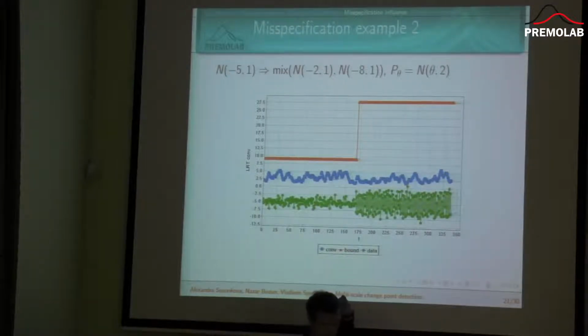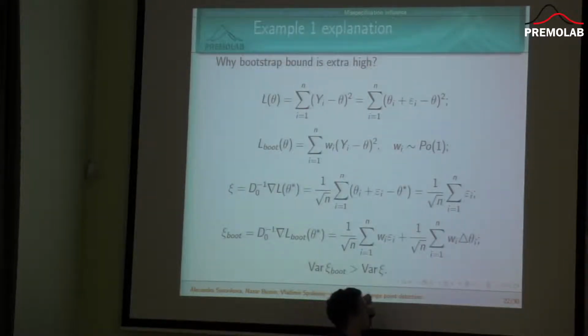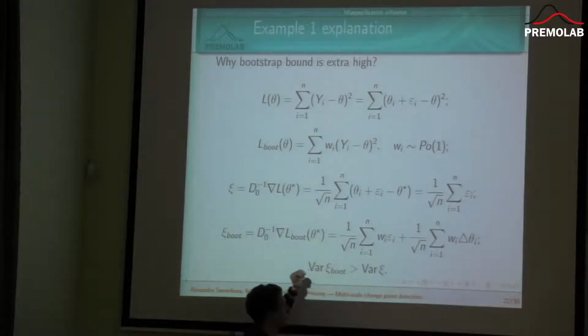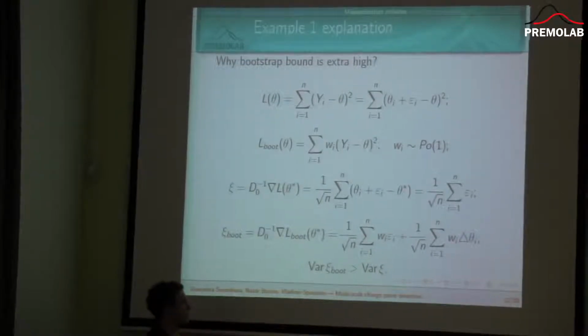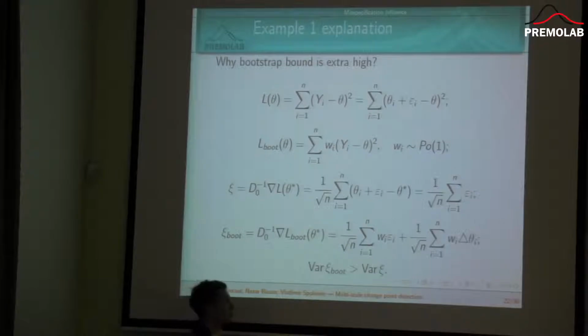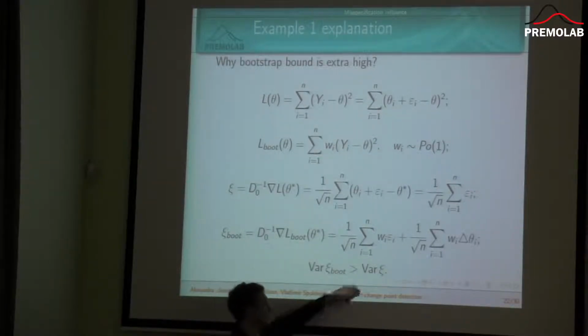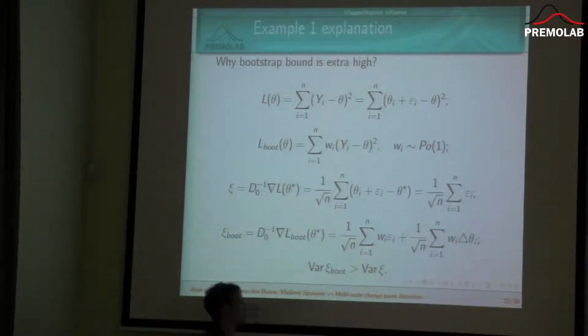And it produces an additional sum here. Because of it, the variance of the bootstrap xi becomes larger than this variable in the real world.